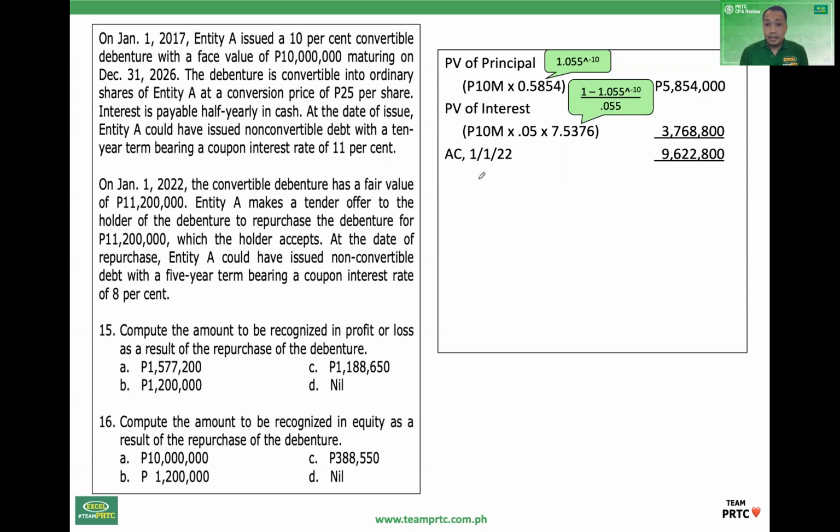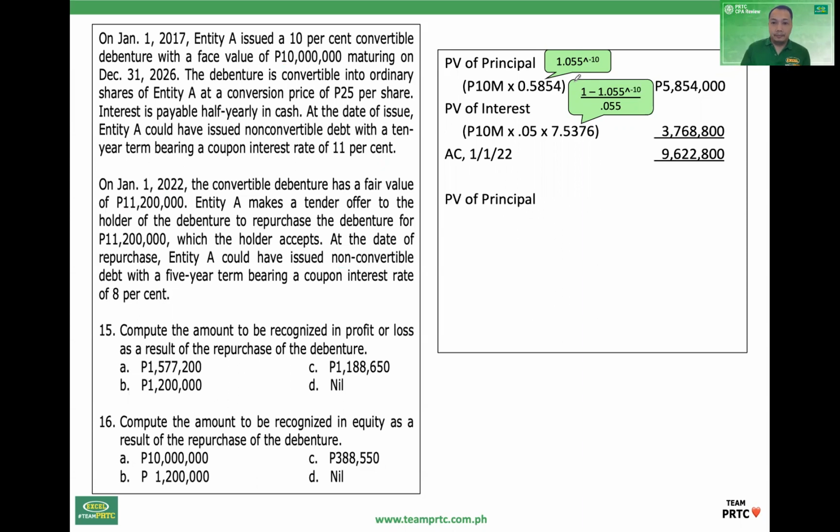And how much was paid? 11.2, kaya lang may equity yun. Magkano dyan sa 11.2 yung para sa liability? So, kung magkano yung fair value at that time. So, how to get fair value? Same format. Papalitan mo lang yung rate. So, ang prevailing rate that time, 4%.